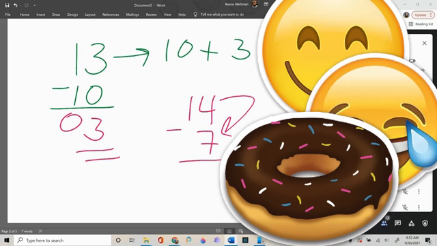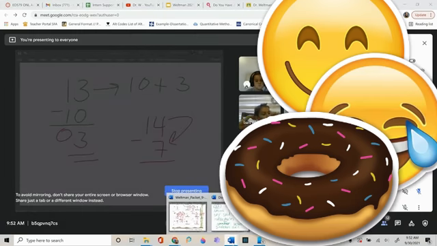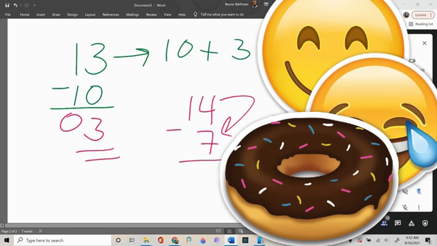Okay, hey, Matthew, hold on. Jennings, what's 7 plus 7? You can do it. I know you know it. 14. Yes, that's right. So 7 plus 7 equals 14.